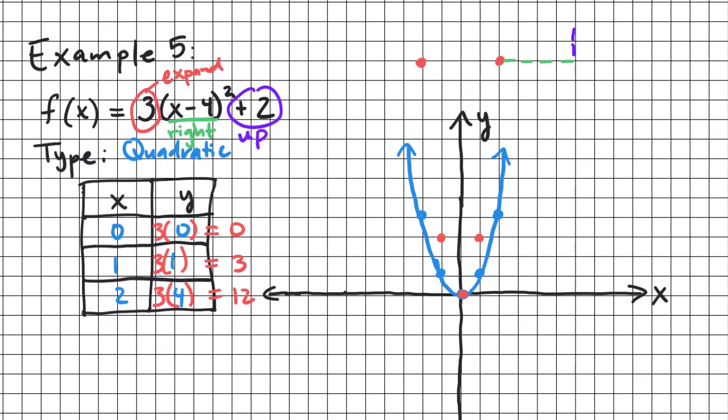Oh, and then let me use pink again. All right, and then we're going to do 1, 2, 3, 4, 2 up. So I'm moving this point 4 to the right and 2 up. That gives me this point.